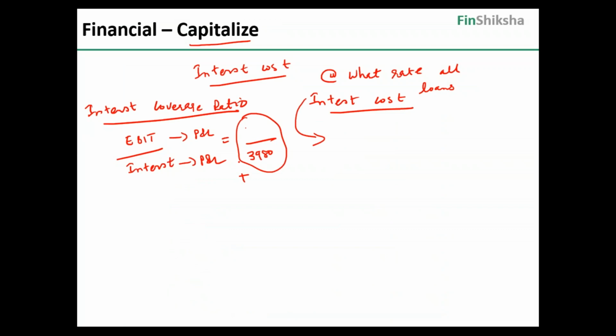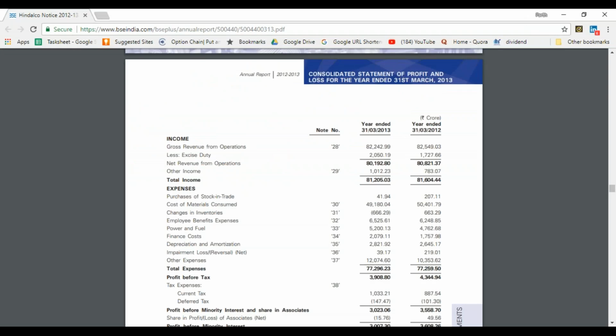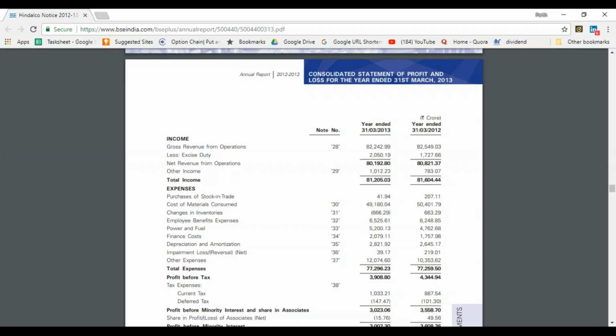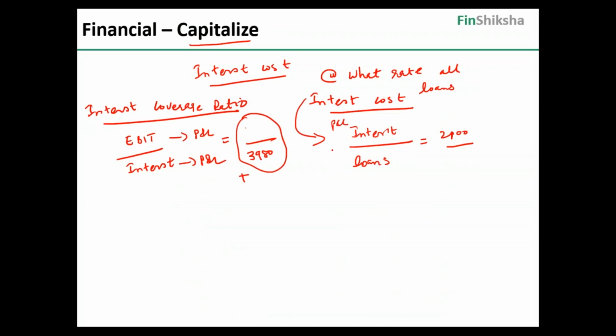I will skip that part; you will understand the same thing if you do it at your wish. Interest cost: in the denominator it will be all loans, and in the numerator it will be all the interest. So here the interest is going to be 2000 crores. All these figures are in crores. For 2017, let's say 2100 crores. I have taken this from the P&L, and loans I will take from the balance sheet.